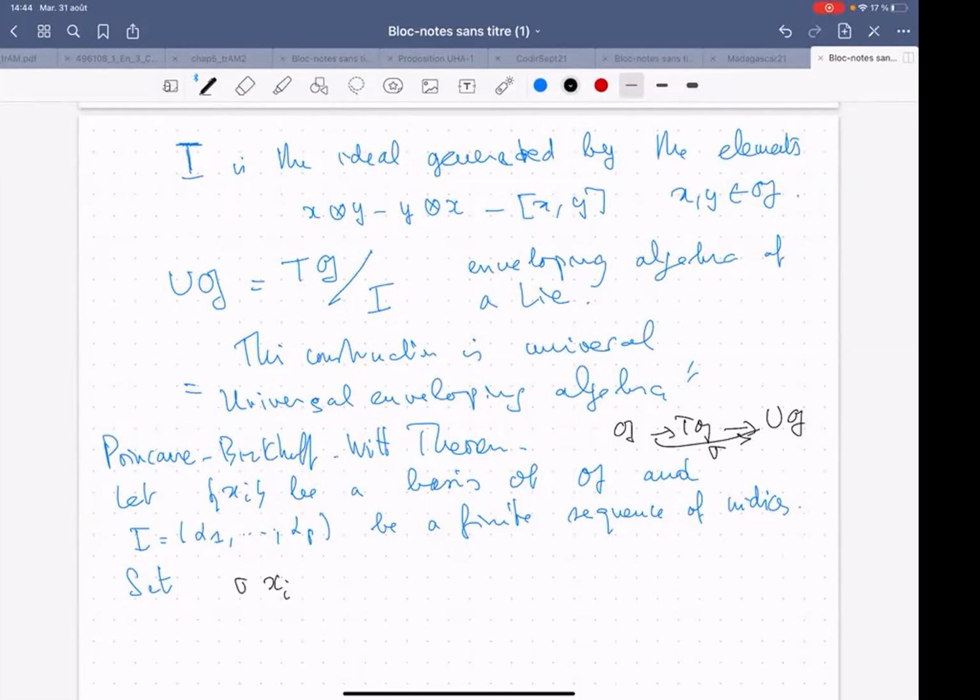When I talk about Xi in J, in fact, I mean sigma of Xi, which belongs to UJ. Okay, this is what I mean. Let me say it simply.